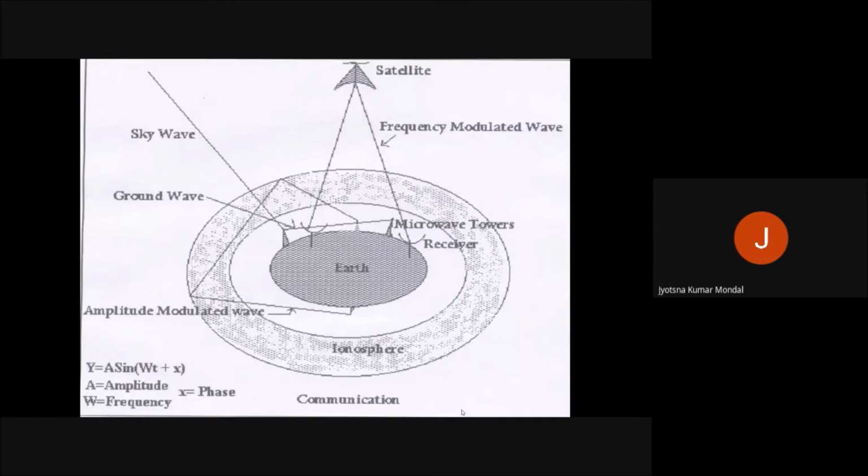That means what is the pixel? 10 meter cross 10 meter. Normally we go for a square. Here the pixel is normally a square. So 5.8 meter cross 5.8 meter, 23.5 meter cross 23.5 meter.